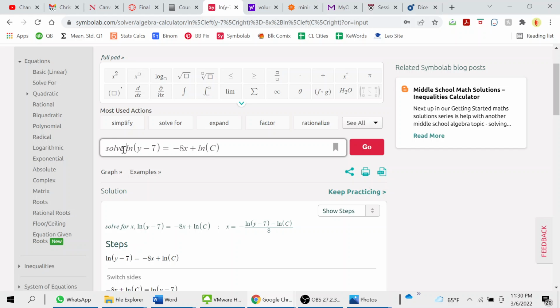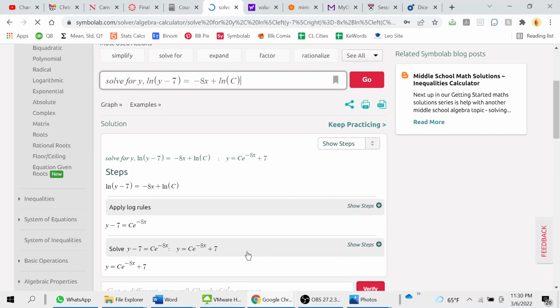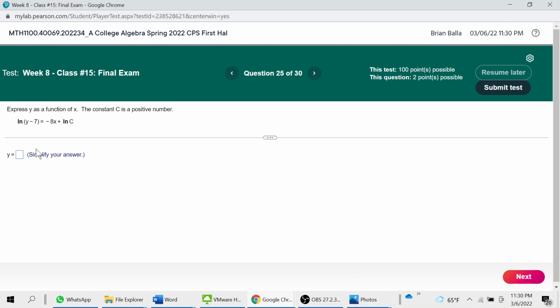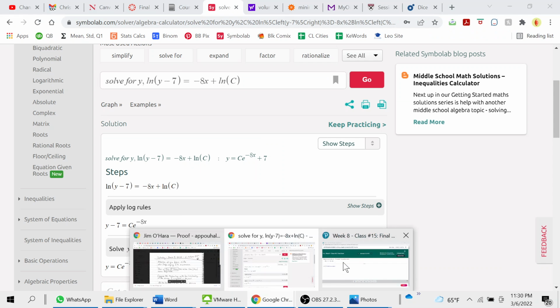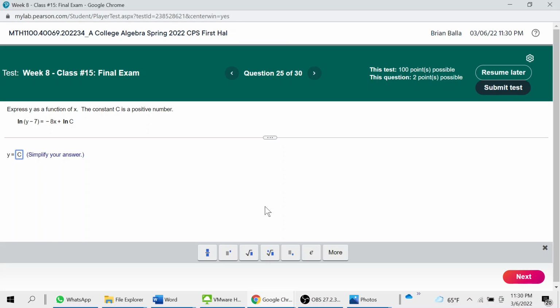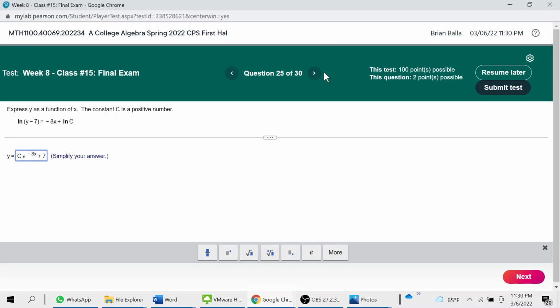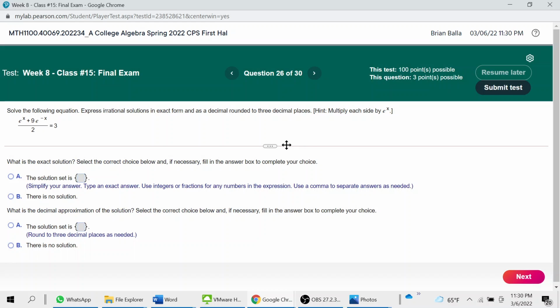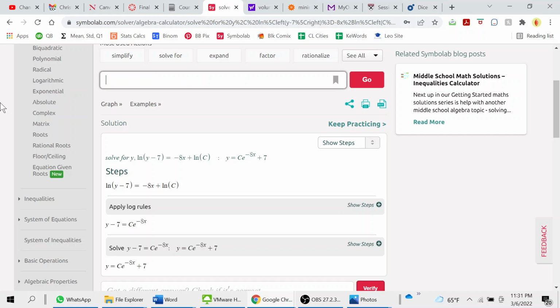Okay. Solve for y. Okay, gotta give it a command. Y equals c e to negative 8x plus 7. Okay, the exact solution. This is pretty simple for my software.